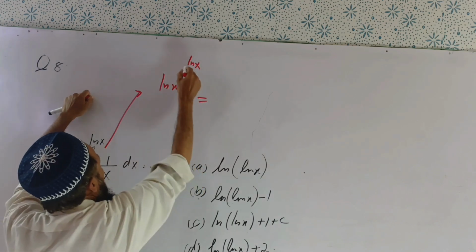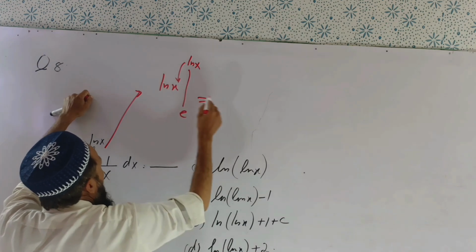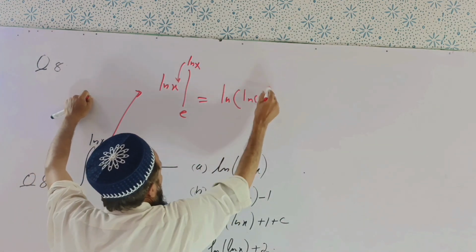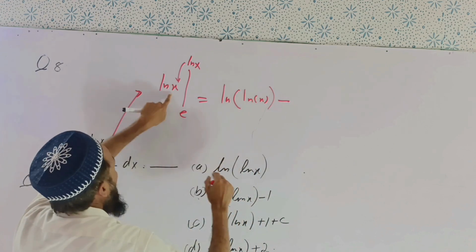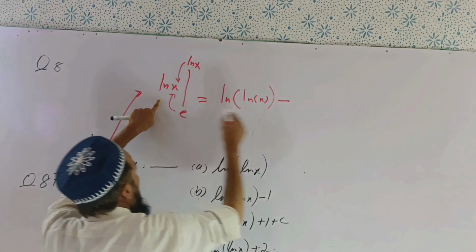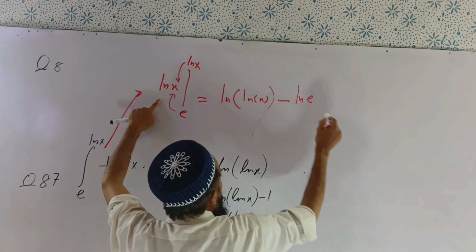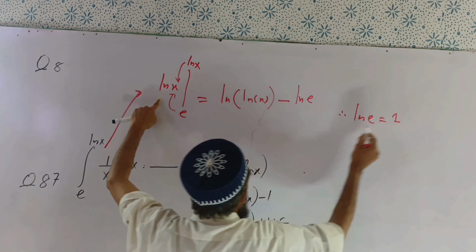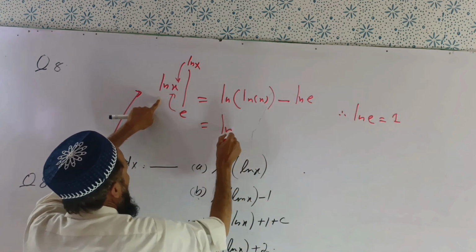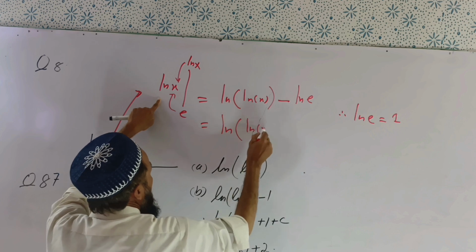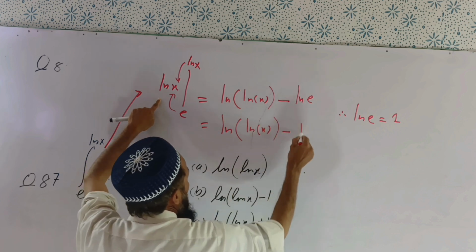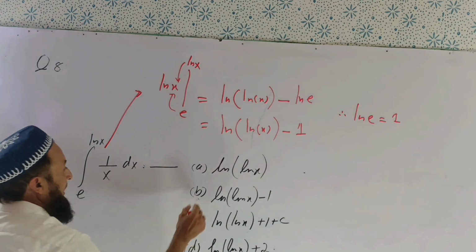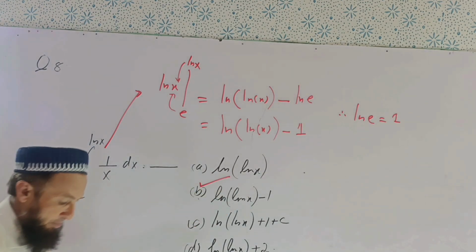First we put x in place: log of x minus log of e, the lower limit. As we know, log of e is equal to 1. So log of x minus 1. We check the answer: B is the correct option.